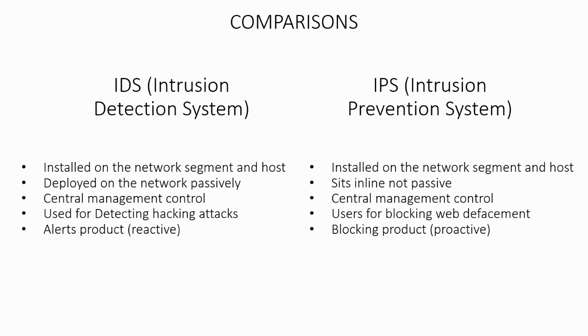As mentioned on the previous slide, IDS is deployed on the network passively, whereas IPS is deployed inline. Both systems have a central management system. The nature of IDS is to alert, which makes it reactive from an attack standpoint, versus IPS, which can deny malicious traffic, making it proactive from an attack standpoint.